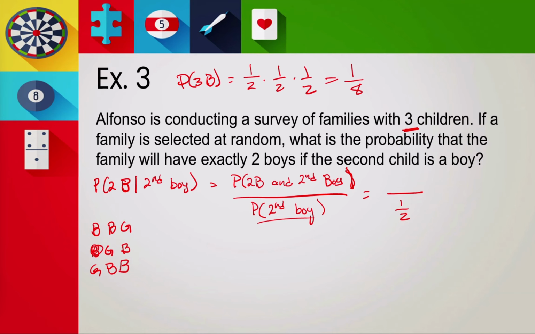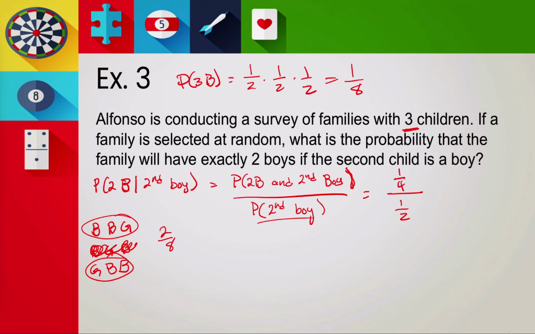We're not counting the one where the second child is a girl, so that gives us 2 out of 8 scenarios where the second child is a boy and there are exactly 2 boys.